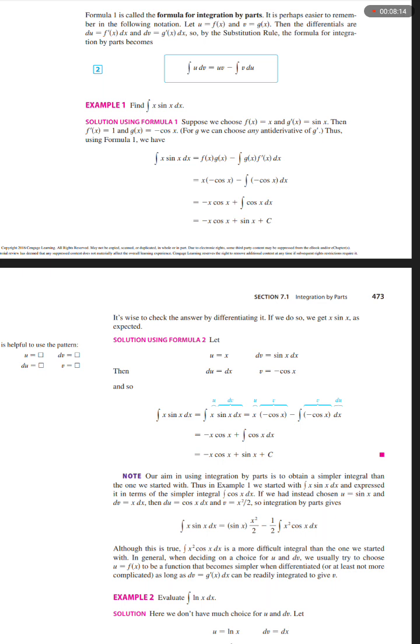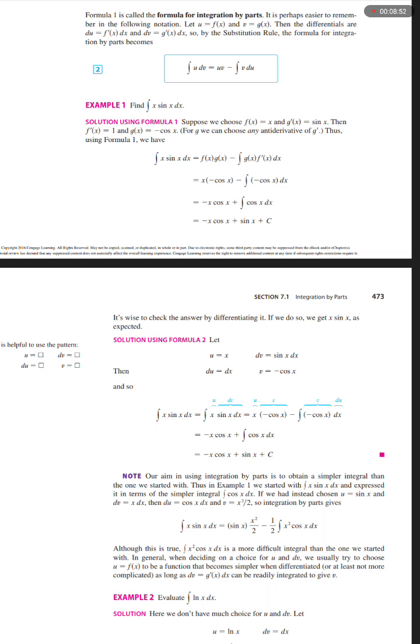If we had instead chosen u equals sine x and dv equals x dx, then du equals cosine x dx and v equals x squared over 2. So integration by parts gives the integral of x sine x dx equals (sine x)(x squared over 2) minus 1/2 the integral of x squared cosine x dx.